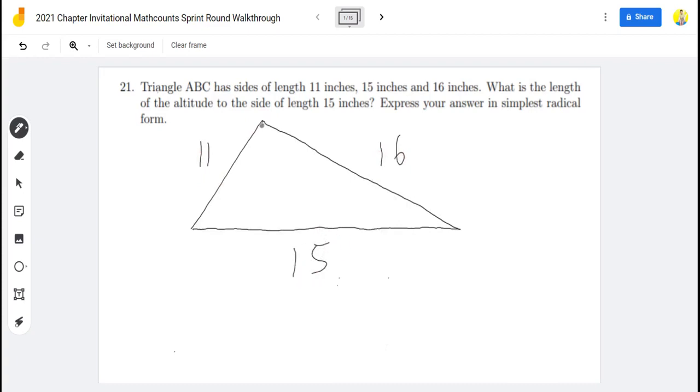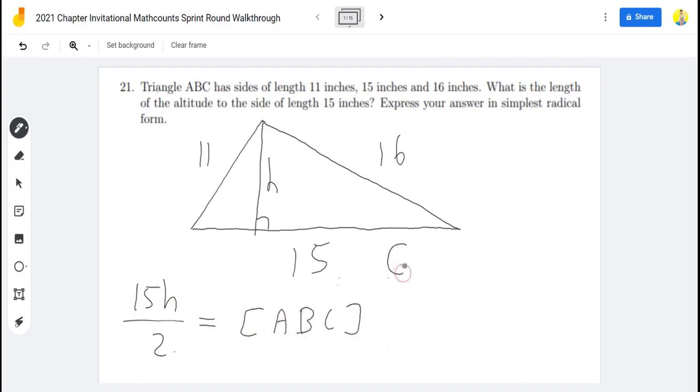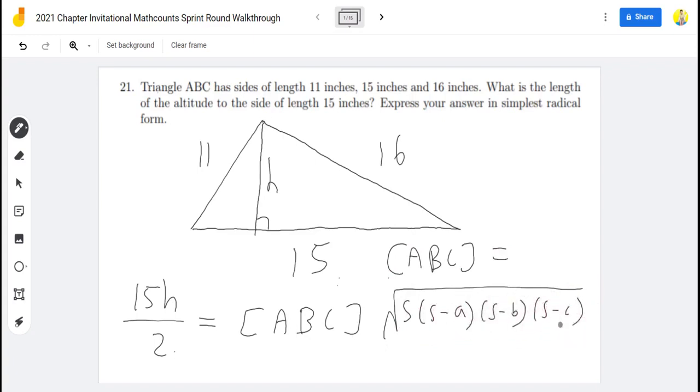Let's call the altitude to the side of length 15 inches h. And then here we see that 15 times h over 2 is just the area of ABC. And the area of ABC is equal to the square root of s times (s minus a) times (s minus b) times (s minus c).